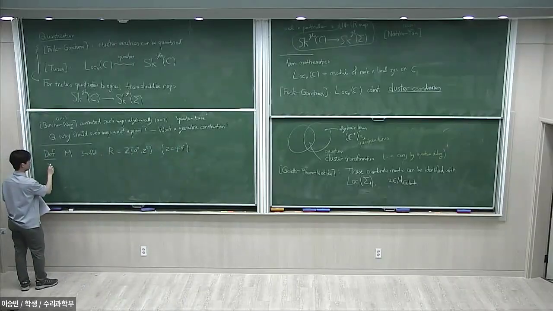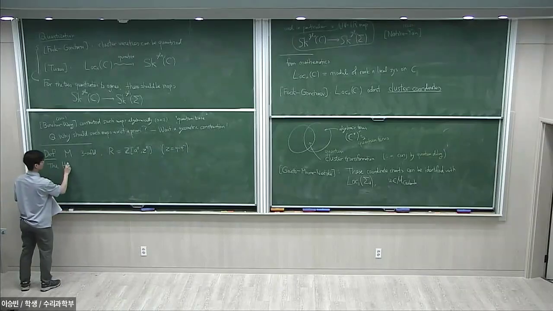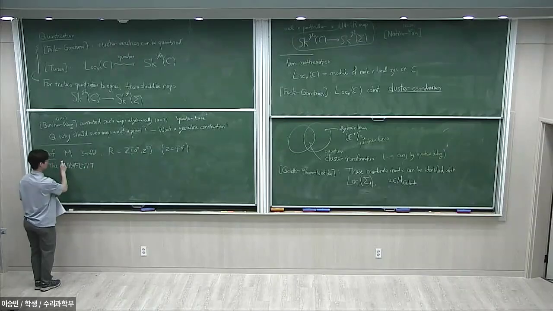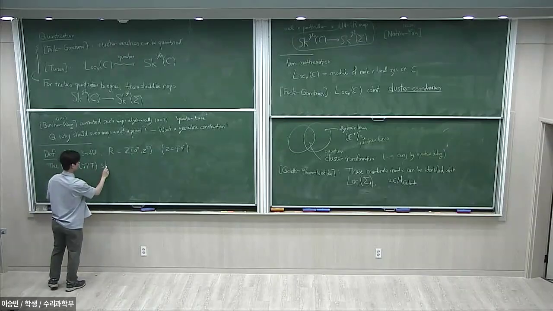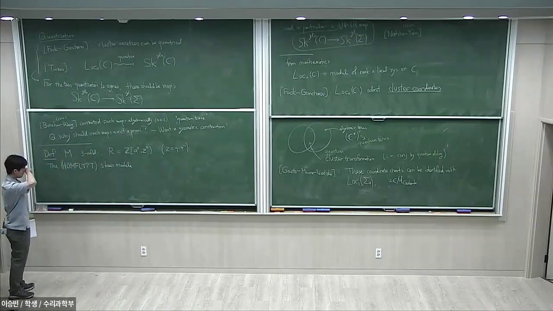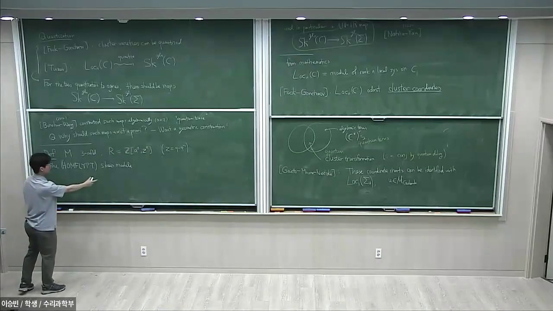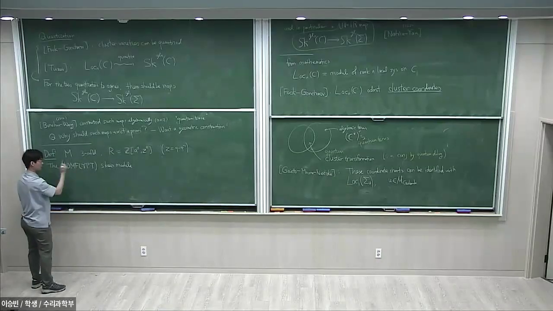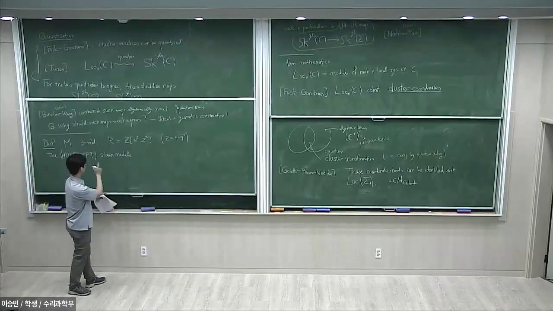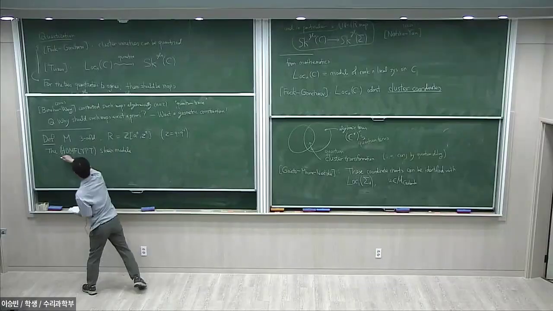Then the HOMFLYPT skein module. Since I'll be almost exclusively working with HOMFLYPT skein modules, I'll just drop the adjective HOMFLYPT most of the time. So whenever I say skein module, it means HOMFLYPT skein module.